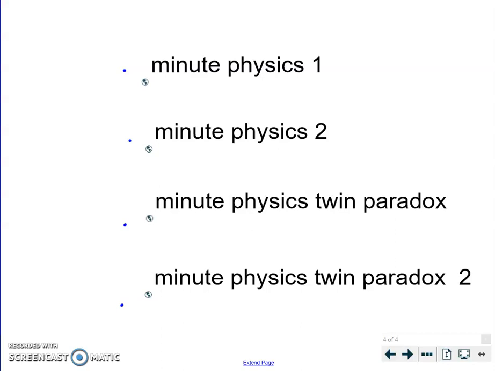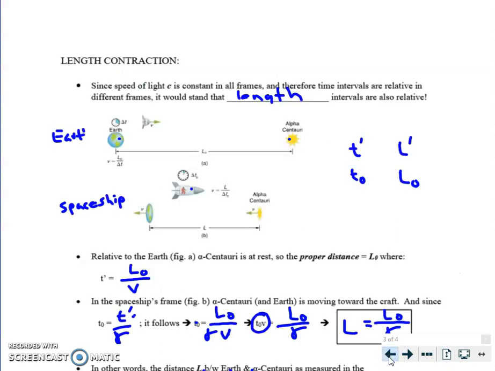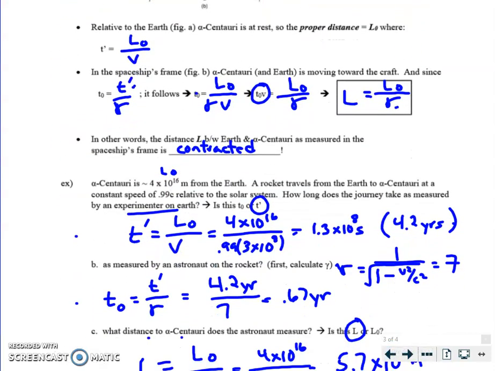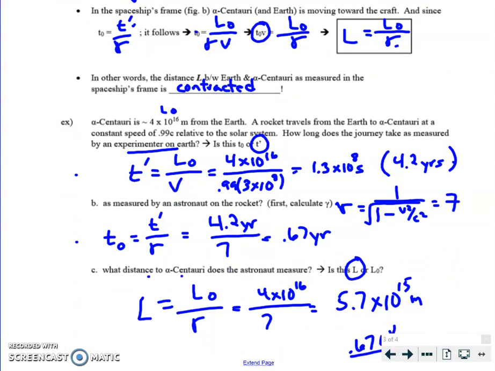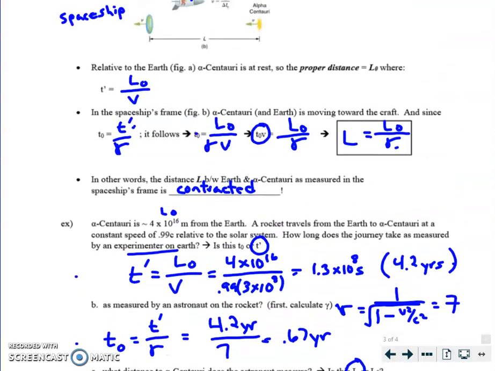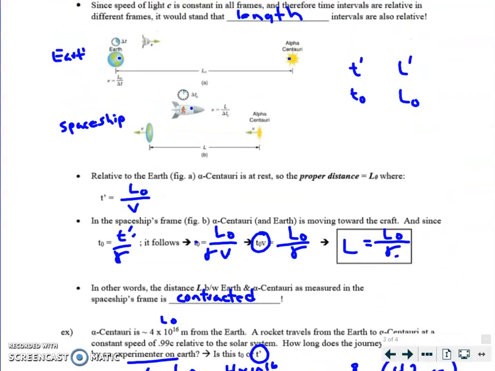Let me just set up the twin paradox for you. It's not so much that the twins age at different rates, it's the question of which one ages at different rates. Because in this problem we said, all right, this person is moving relative to us, so they're going to age more slowly. But from their frame, they're never moving.